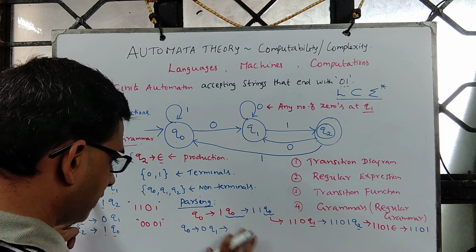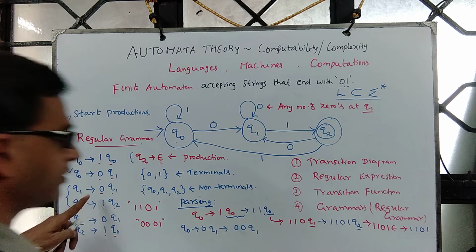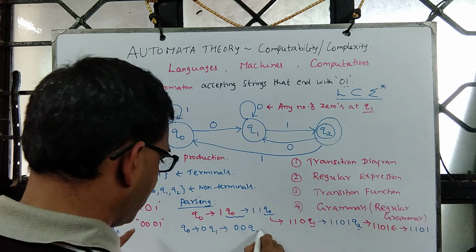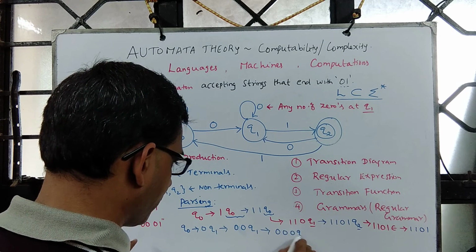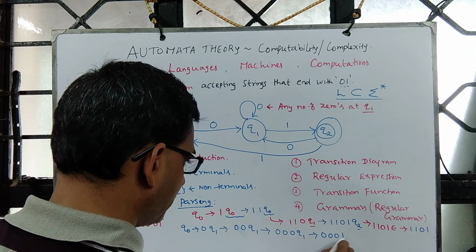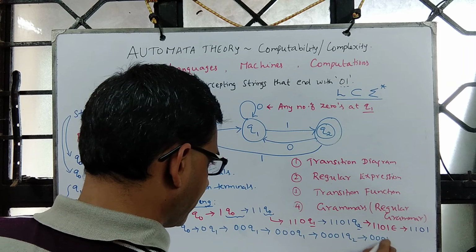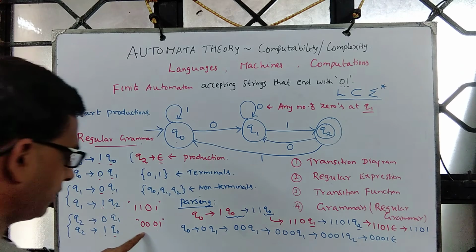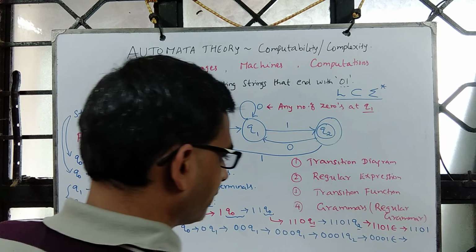From this we go to 0, 0 Q1, and the next one is also 0, so I choose 0, 0, 0 Q1. The next one is 1, so let me choose 1 Q2. Then let me choose epsilon, because we are done. This finally gives you the desired string.